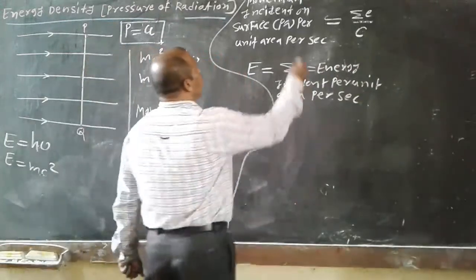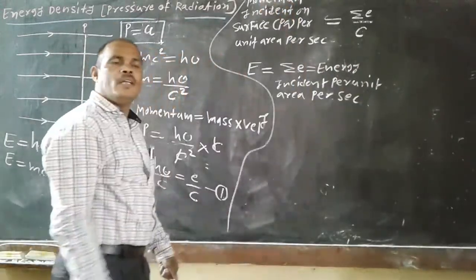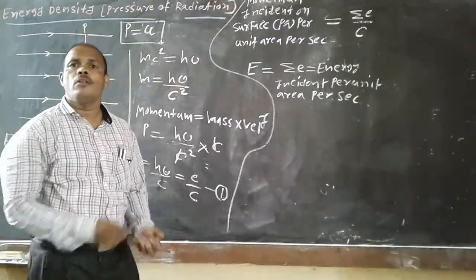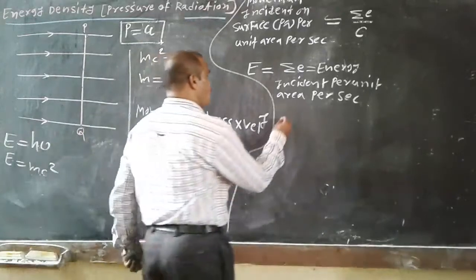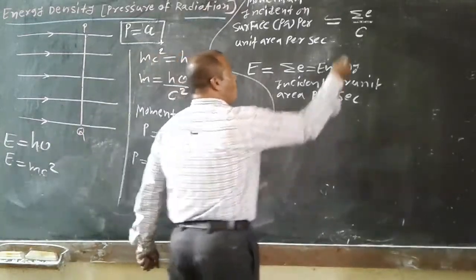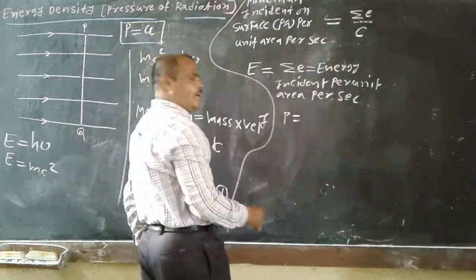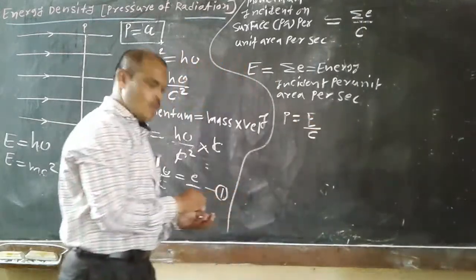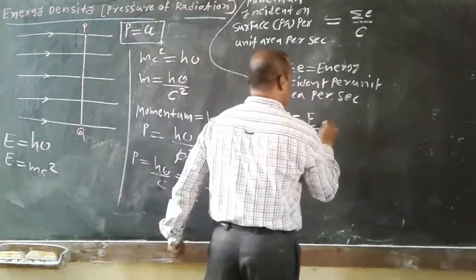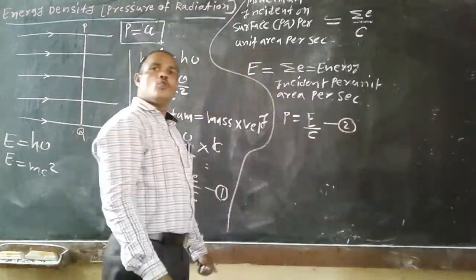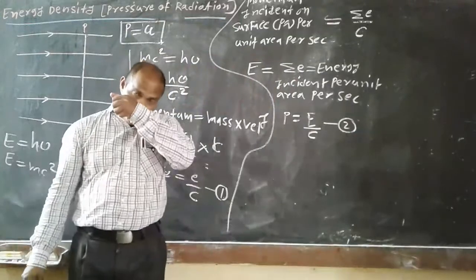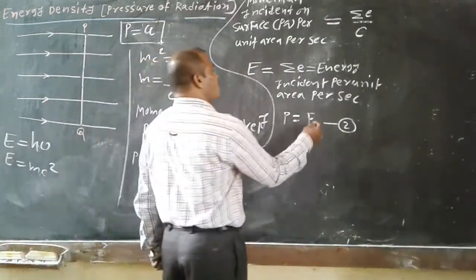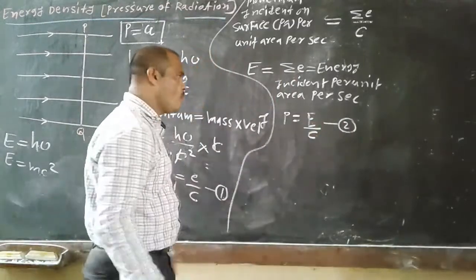Hence we get the momentum incident per unit area per second on the given surface, P equal to capital E upon c. Say this is equation 2.